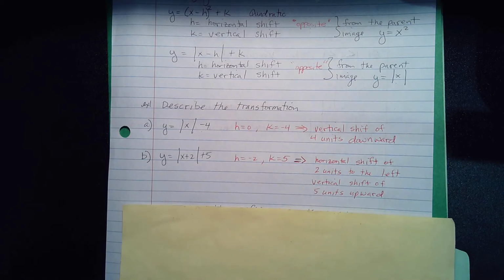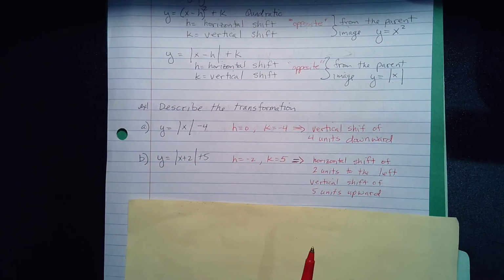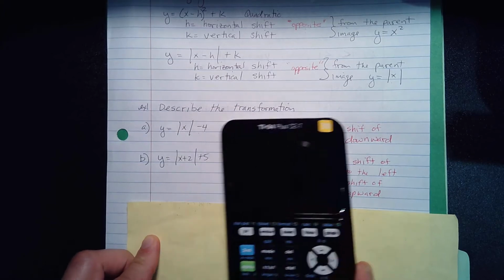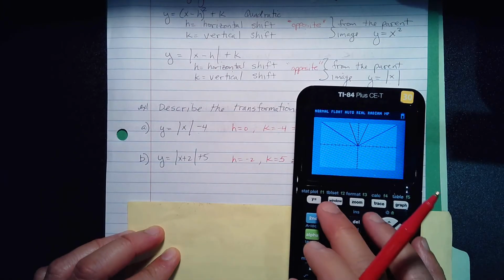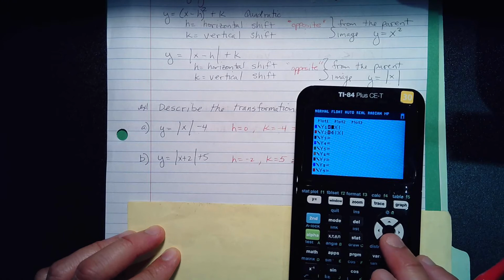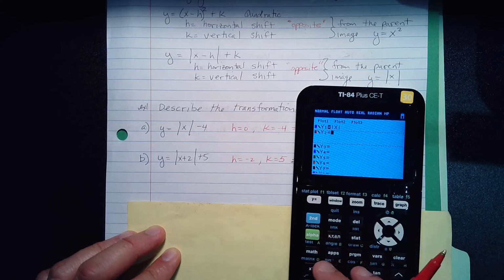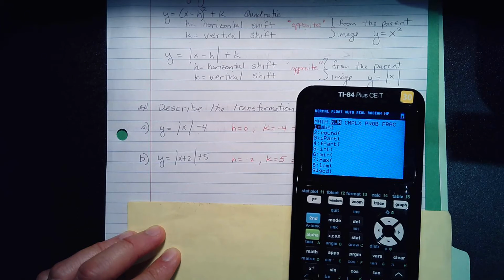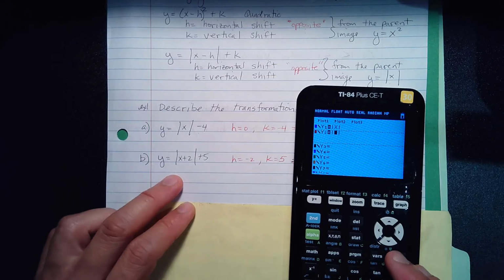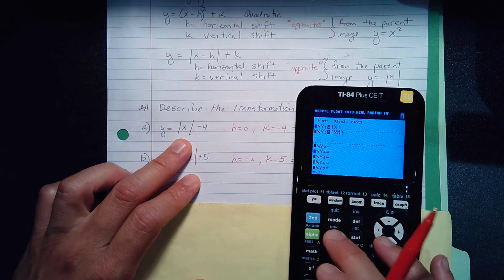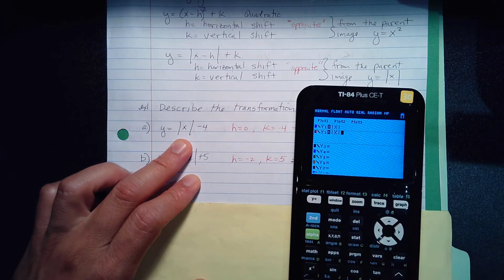All right. So let's show you a graph. Okay, so y equals the absolute value of x. Let's compare that to the absolute value of x minus 4.